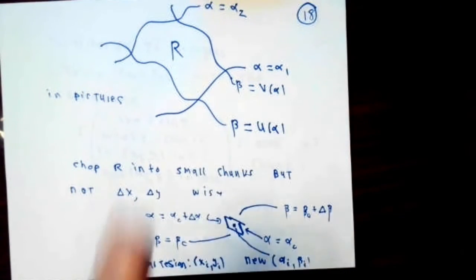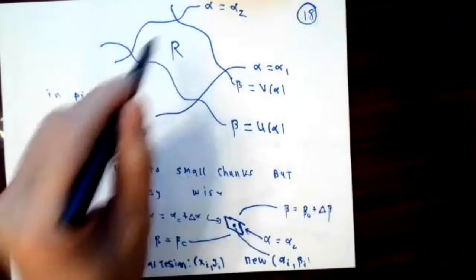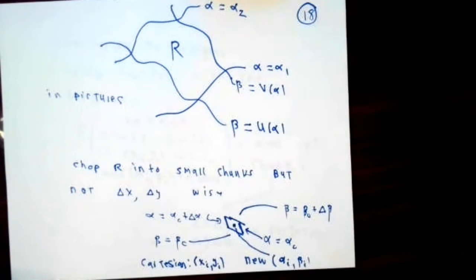I want to think about chopping this kind of region up into small pieces, but since I'm not doing Cartesian coordinates, I don't want to split them up into little rectangles. Instead of having pieces where x is a constant or y is a constant, I want to do the analogous thing in our new coordinates. I want to have sides where alpha is constant and beta is constant.